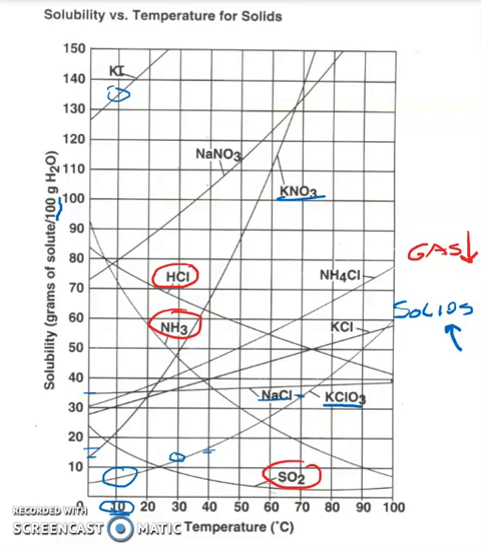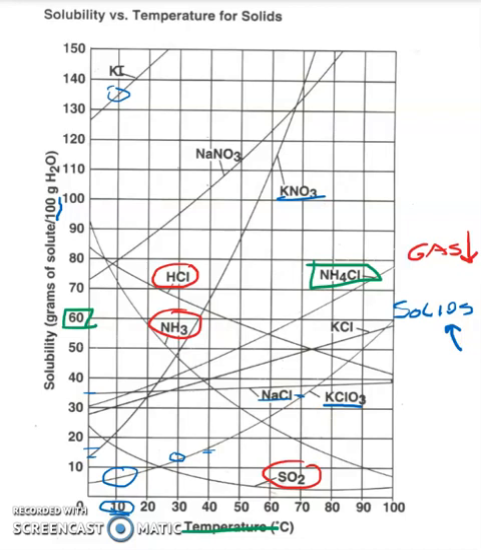Now, another way I could rephrase a question on this thing is I could say something like, if I have 100 grams of water, at what temperature do I need the water to be if I want to dissolve 60 grams of ammonium chloride? So that's NH4Cl. So now I'm coming backwards. So I'm going to read over here at 60 grams.